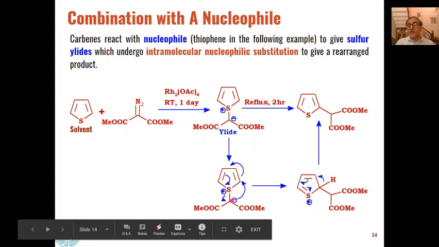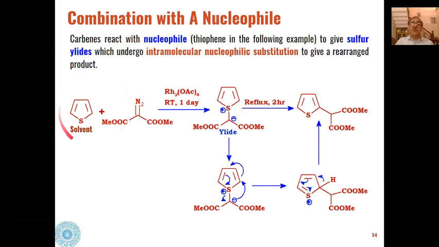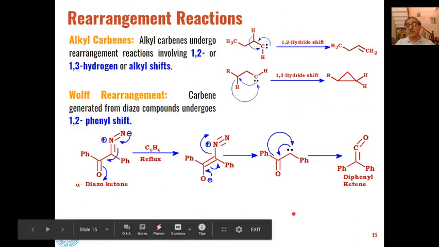The carbon-sulfur bond is broken, and we will get these types of intermediates. And then rearrangement, with removal of H positive from here, will lead to the formation of products through resonance. So this is how carbenes react with nucleophiles to give us rearranged products through intramolecular nucleophilic substitution reaction.